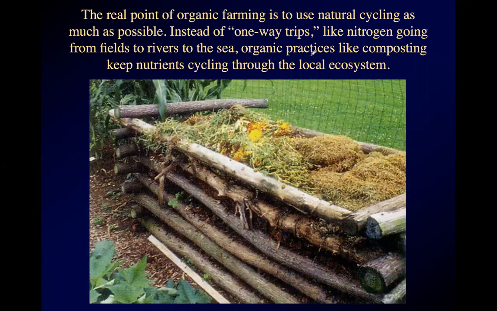Instead of buying nitrogen, dumping it on your fields, and letting it get washed downstream, you do things like composting, where you take your plant waste, and if you do it right, even your animal manure, you can even compost your own poop if you do it carefully so you don't spread disease, and keep it on your land, and you keep that nitrogen cycling on your land through your farm for as long as you can.